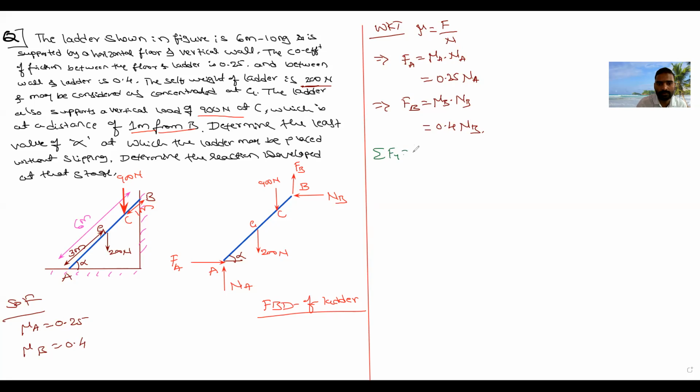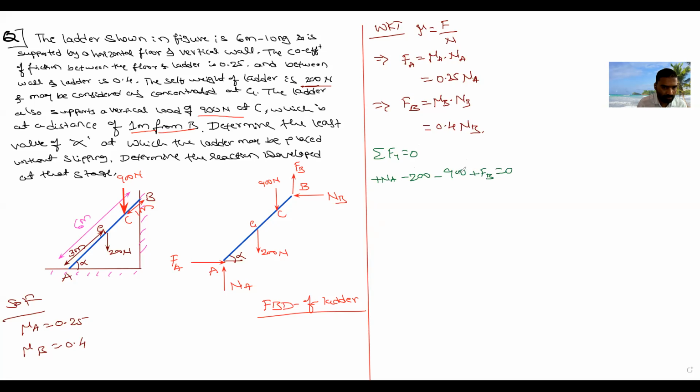What are the forces in the vertical direction? Plus Na, minus 200, minus 900, plus Fb, plus Fb is equal to 0.